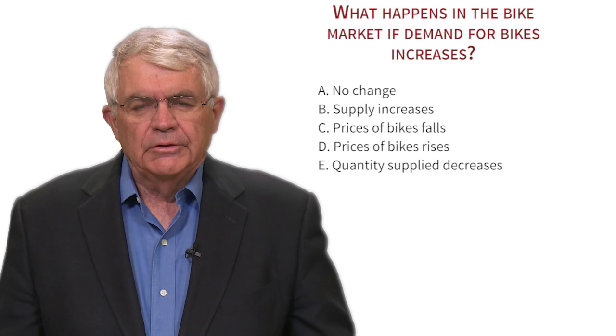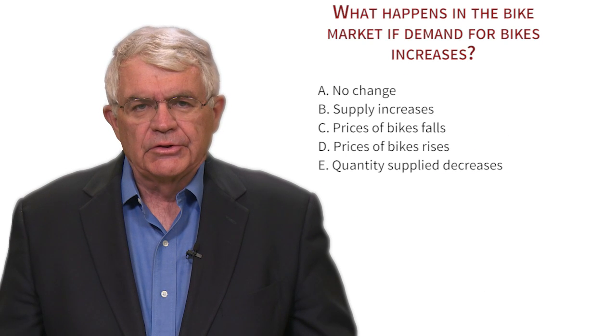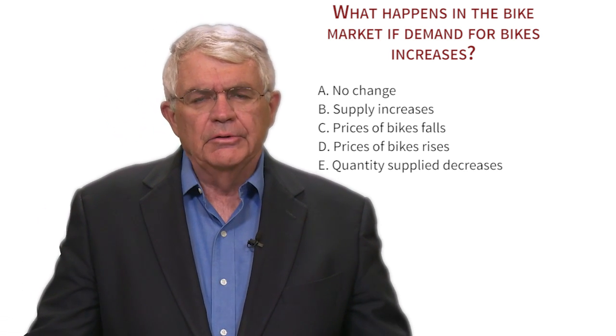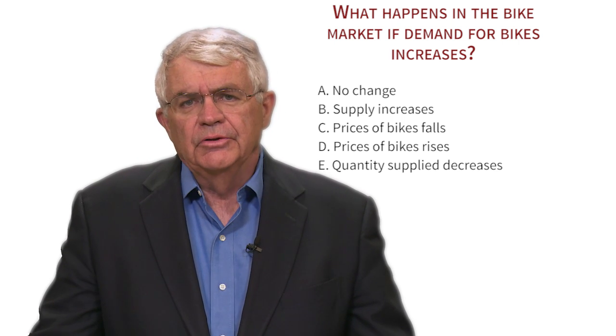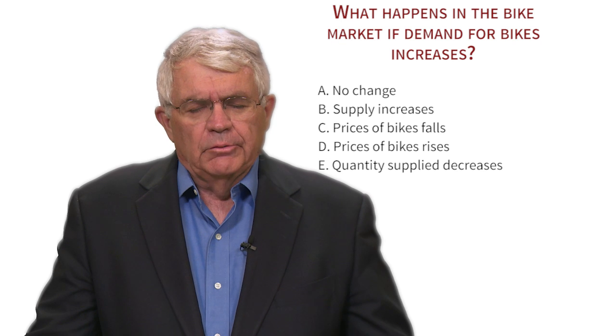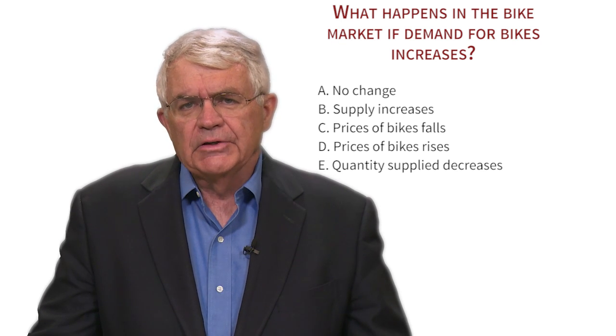Now, given this equilibrium and this intersection idea, let's see what happens in the market if something changes. Think to yourself, having seen this model or just from where you're coming from before this lecture, what would happen in the bike market if the demand for bikes increases?